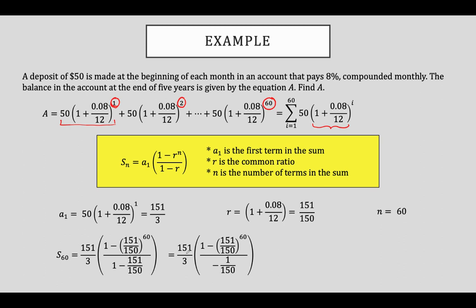I can take 151 over 3 and divide it by negative 1 over 50. That gives me negative 7,550 times 1 minus 151 over 50 raised to the 60th power. And we can plug all of this into our calculator now. To get our answer, we get approximately $3,698.34.